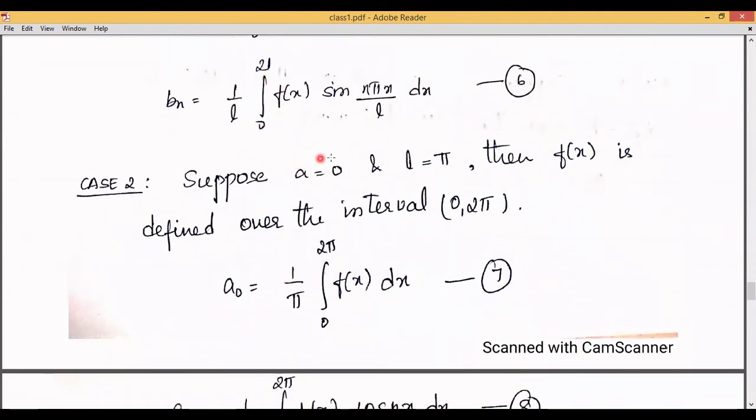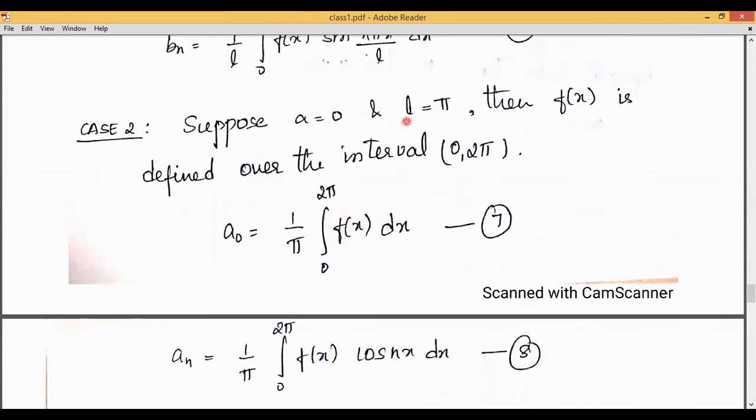Okay, and now moving on to the next case. Suppose a is 0 and l is pi. Here both Euler's formulas as well as the Fourier expansion change. When a is 0 and l is pi, your a naught will be 1 by pi integral 0 to 2 pi f of x dx.